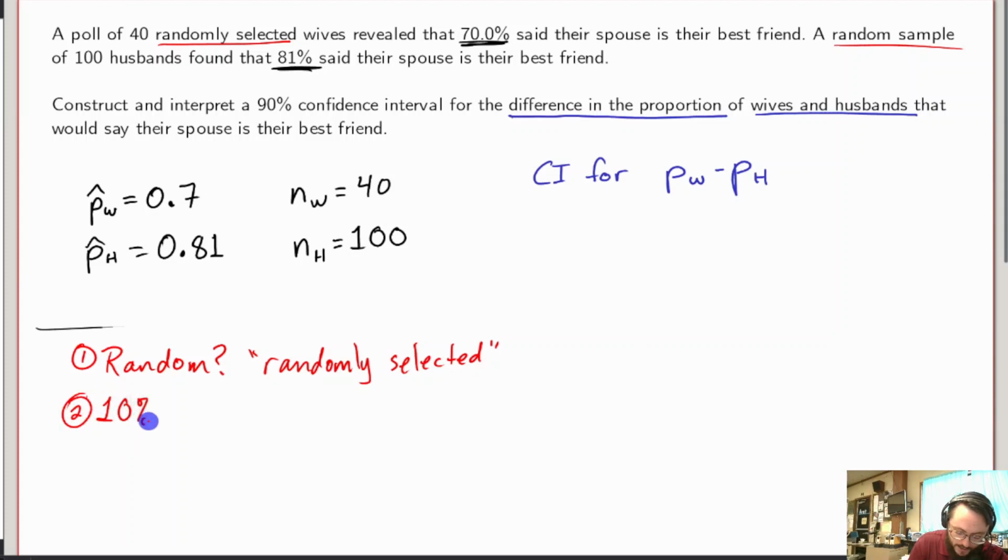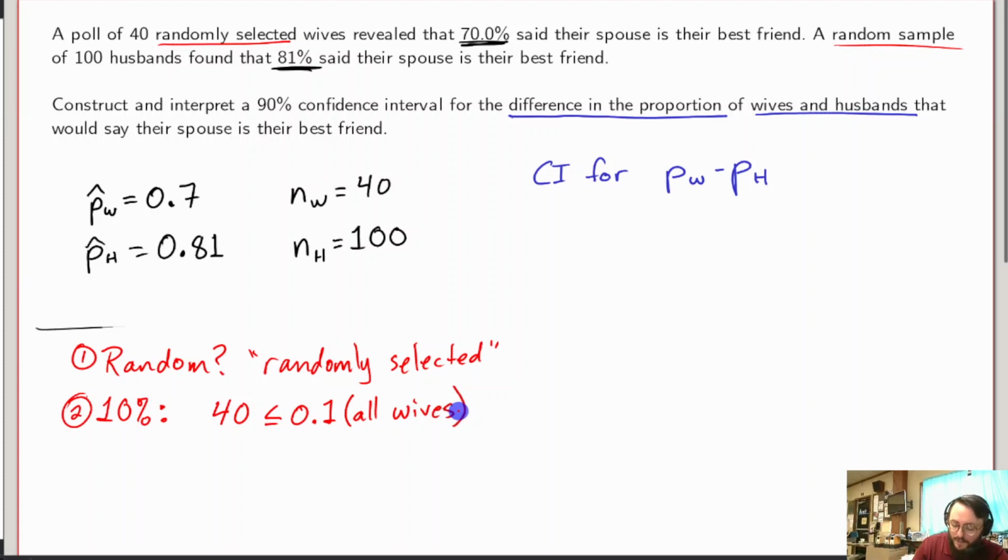Second, the 10% condition. Is the number of wives in our sample less than 10% of all wives in whatever group we're looking at? Are 40 wives less than or equal to 10% of all wives? Yeah, probably. Even looking at a small town, there's probably more than 40 married couples, probably at least 400.